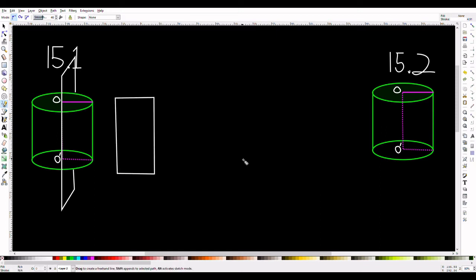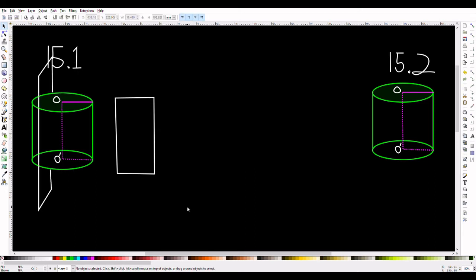What is the shape of a cross-section of a cylinder that is parallel to the axis of the cylinder? In this case, we'll just be moving the plane away from the axis, and I'll ask what this new cross-section is.